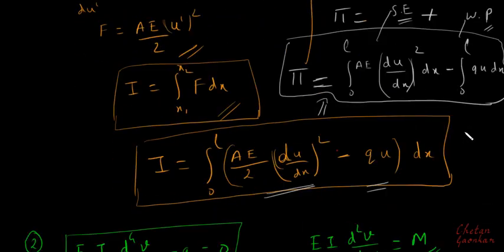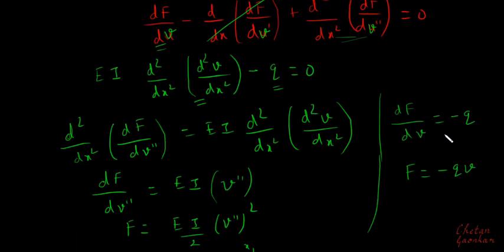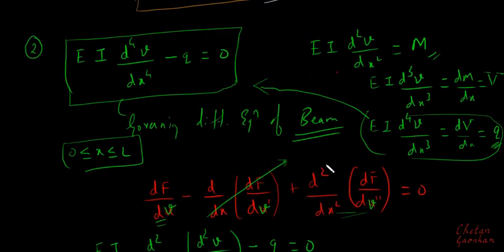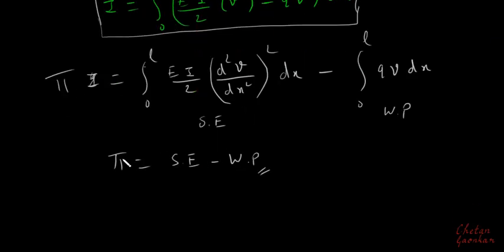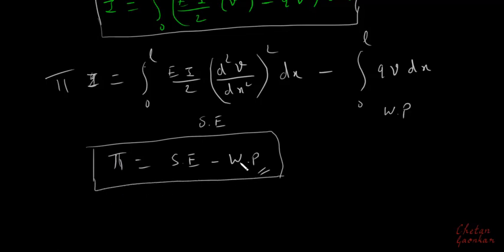So what do we conclude from here? If I apply the Euler-Lagrange equation to the governing differential equation of any structural problem, this equivalent form will always be in this fashion: pi is equal to strain energy minus work potential. This will be our potential functional.